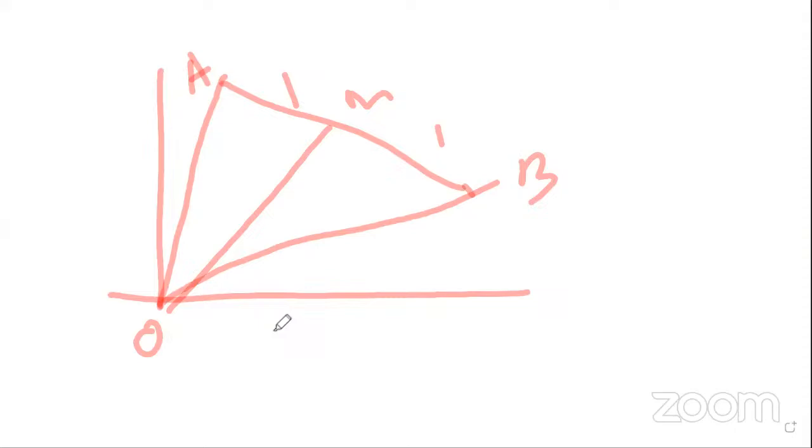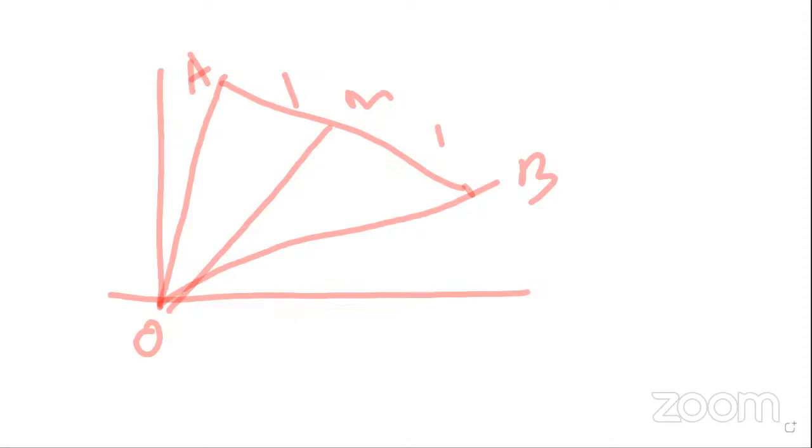Now, for you to move from maybe O to M, like a majority of us have observed, we need to move from O to A, then A to M. And that's why we are saying half of AB. Are we all in agreement? Yes.